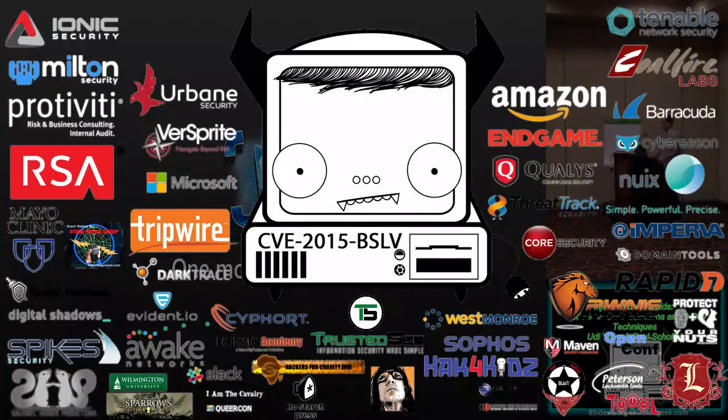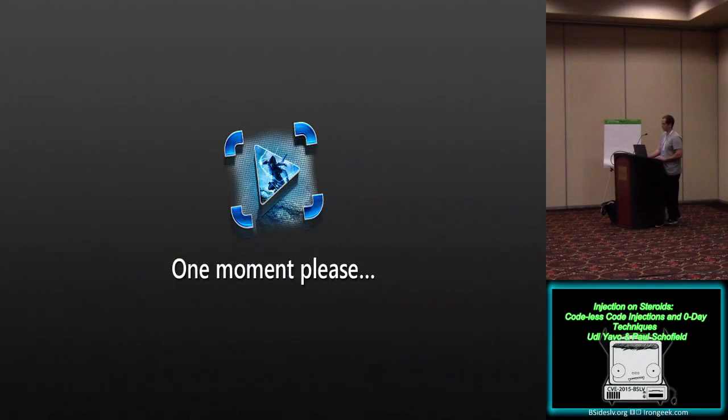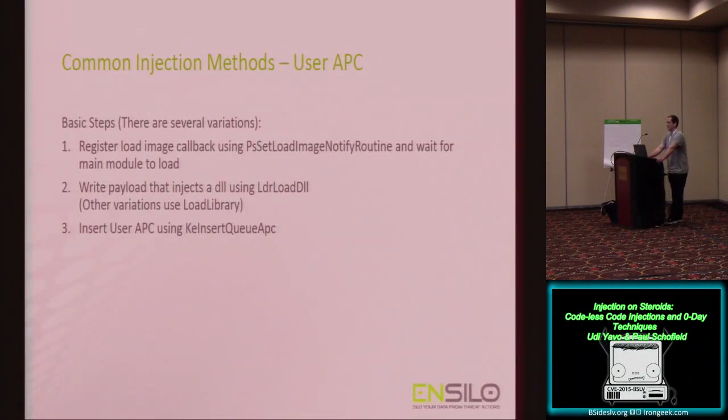It is pretty well documented, and the basic steps to using it is just to wait on the load image notify routine, which gets called each time an image is mapped into the target process. Write some payload into the address space, say something that calls LdrLoadDll to inject some DLL or LoadLibrary.